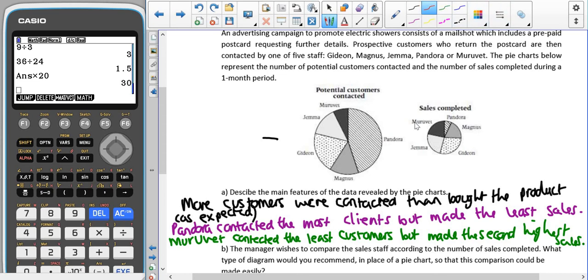And we can even add on a bit there saying that Gideon made the most sales. There's lots of things that we could read off these pie charts and compare and contrast. Depending on how many marks the question's worth, depends on how many points you feel that you need to make.